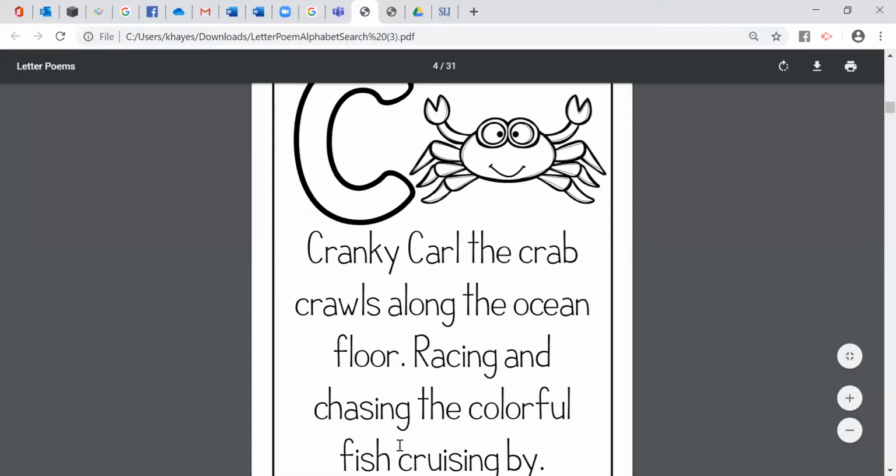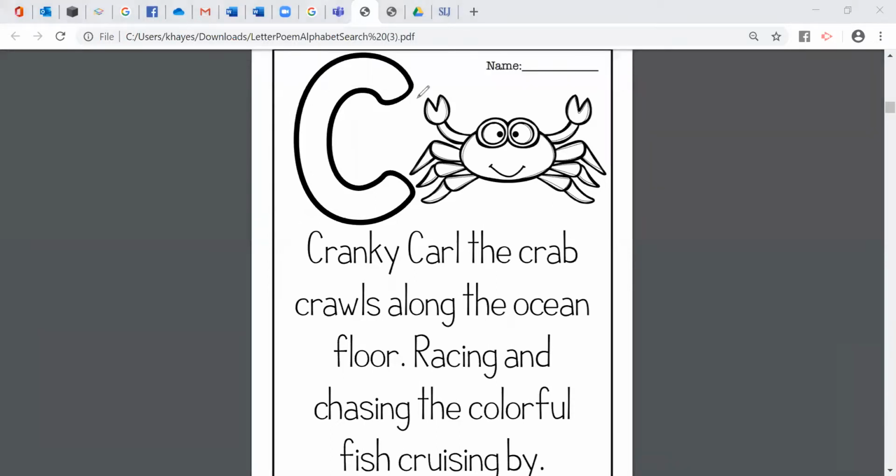I think we're going to change the color today. I think we're going to do red. So first step is to trace our letter. So here we go. Perfect.